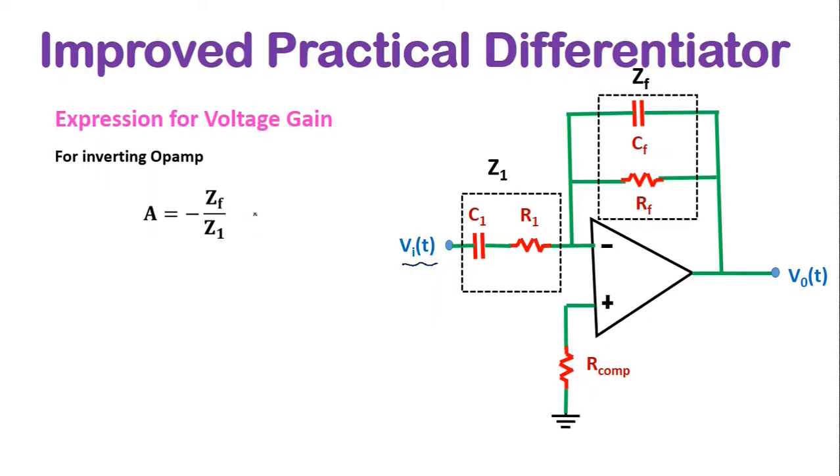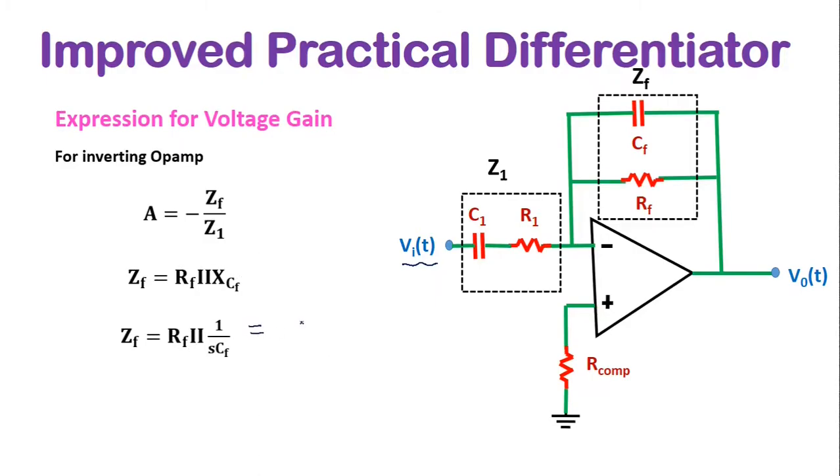So to find the overall gain of the improved practical differentiator, we have to find the values for feedback impedance ZF and input side impedance Z1. The feedback impedance ZF will be equal to RF in parallel with the capacitive reactance XCF of capacitance CF. Since XCF is equal to 1 upon SCF, ZF will be equal to RF parallel with 1 upon SCF.